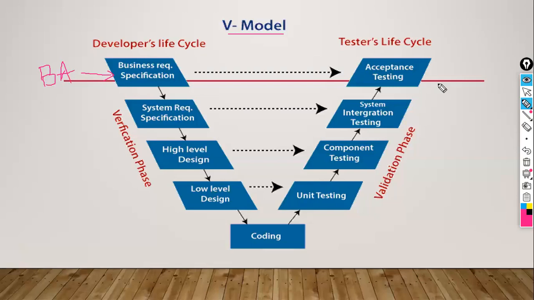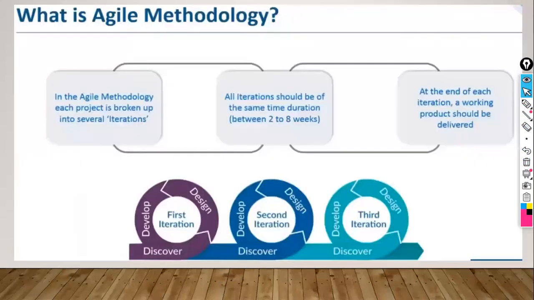Whereas here the client involvement is again only in the starting stage as well as in the ending stage, right? That client involvement disadvantage we can't overcome here. So in order to overcome that particular disadvantage, we can go for another model, that is the agile model, or we can call it the agile methodology.